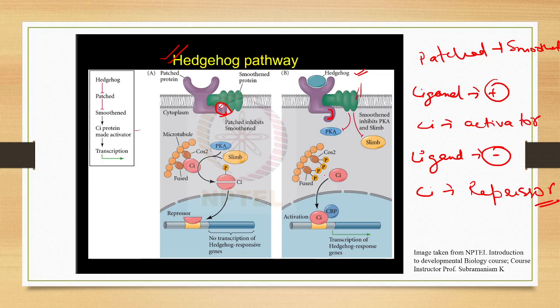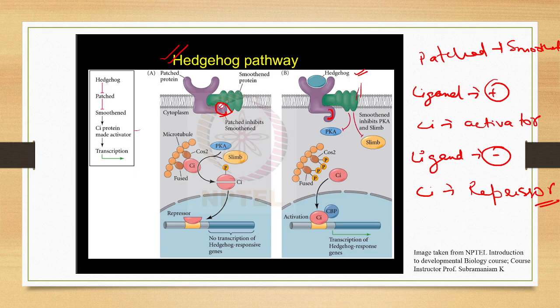When CI is not degraded, when it is in its complete form, it leads to the transcription of Hedgehog responsive genes. Very important statement. When CI is degraded with the help of a protein kinase, it functions as a repressor and there is no transcription of Hedgehog responsive genes.